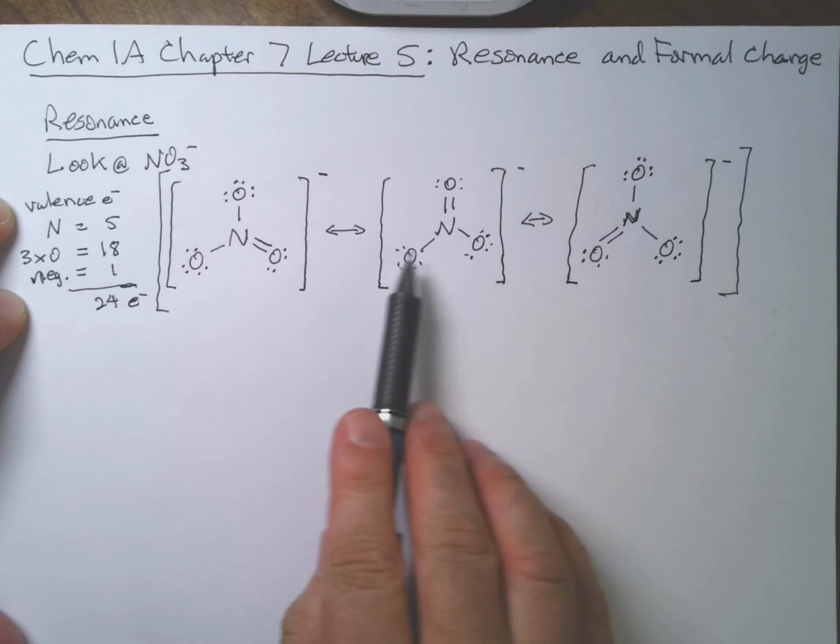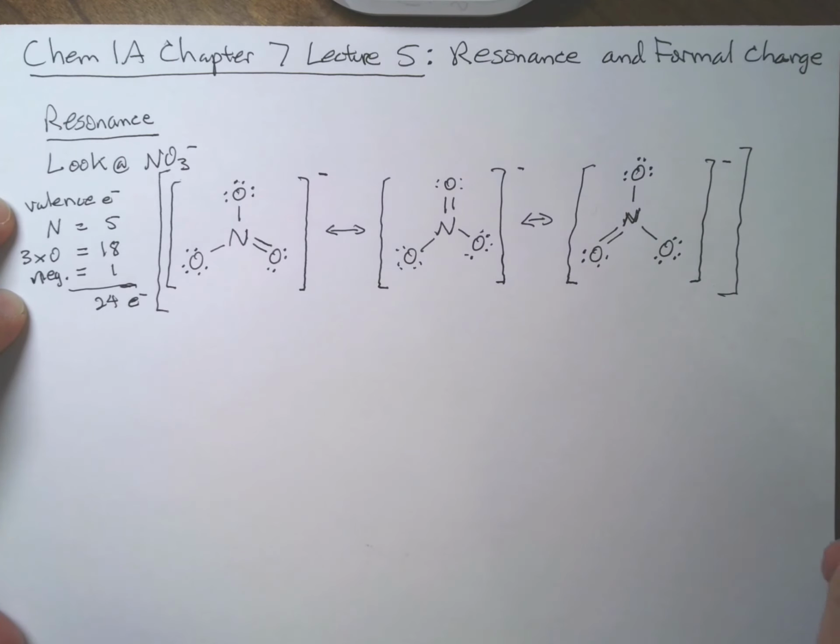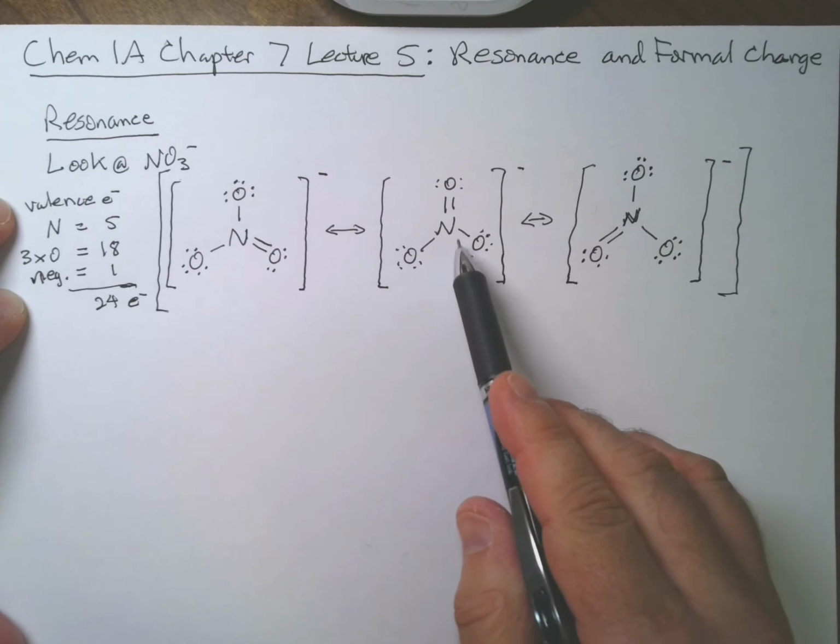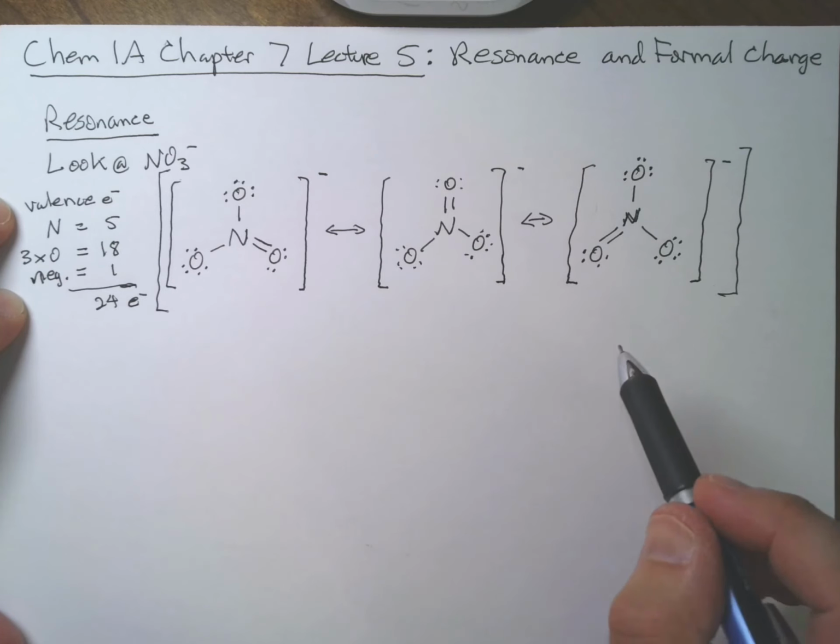These Lewis structures are all equivalent. They're all equally valid. And the only difference is the location of the bonds, the location of the electrons.